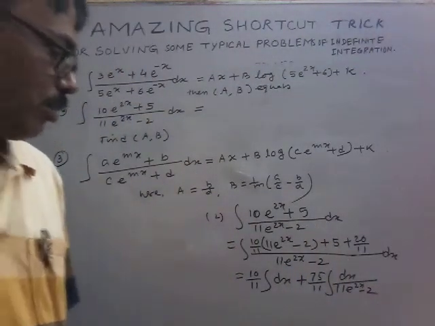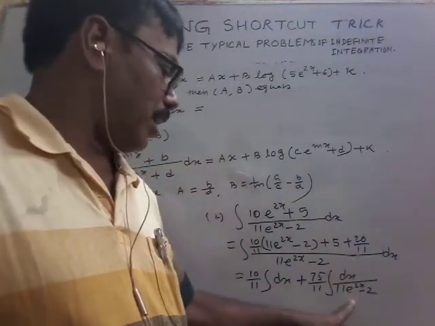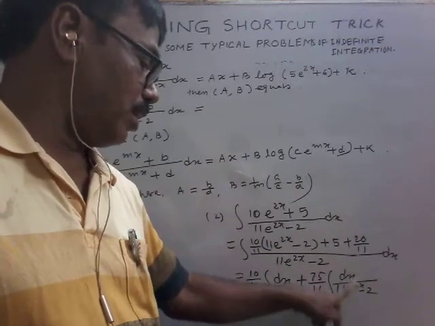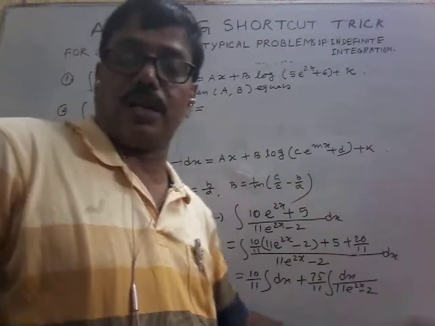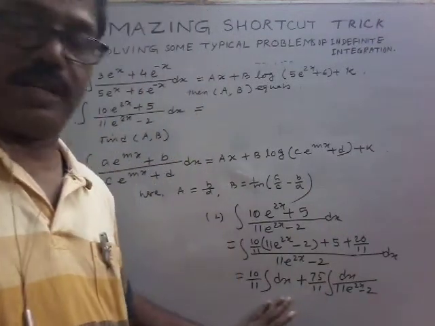Then we know the rule: we have to multiply the numerator and denominator again by e^(-2x). Taking the denominator as z, we get the result.